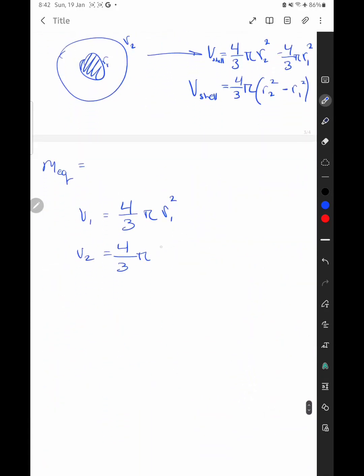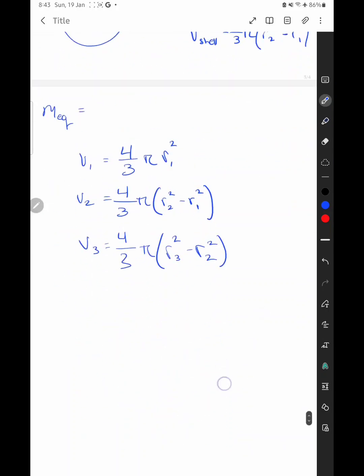Alright? So this is 4/3 pi, r2 squared minus r1 squared. And here V3 is equal to 4/3 pi, r3 squared minus r2 squared. Alright?